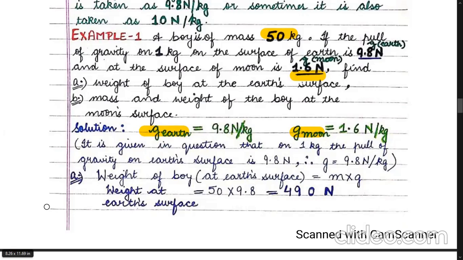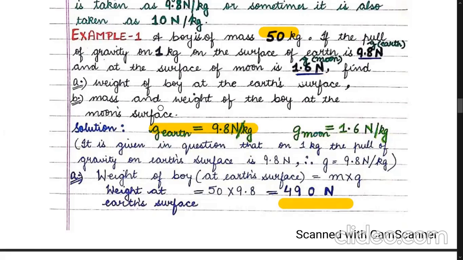So children, now the question is, what is the weight of the boy at Earth's surface? So what is the weight of the boy on the Earth? That is mass multiplied by g of Earth. 50 into 9.8. It comes out to be 490 Newton. And the second part is mass and weight of the boy at the surface of moon.